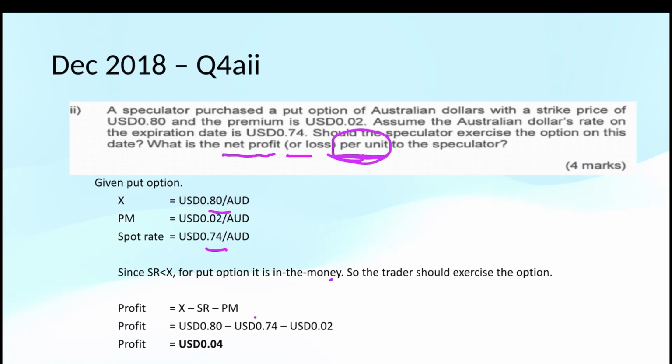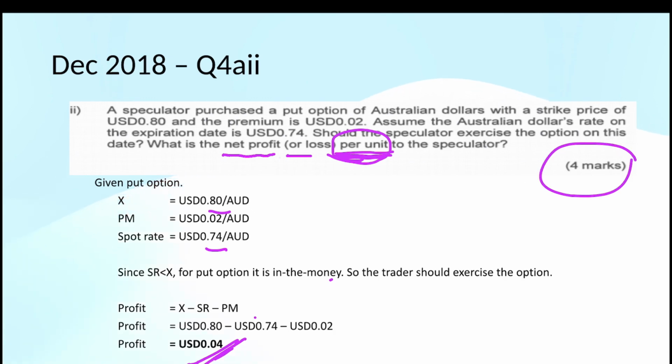If the contract size is given, you have to use it, so please read the question carefully. The question asks the net profit per unit, so you have to calculate X minus SR minus premium price. So you will get 0.04 for profit and you will get 4 marks.